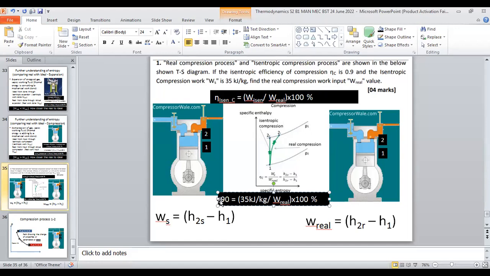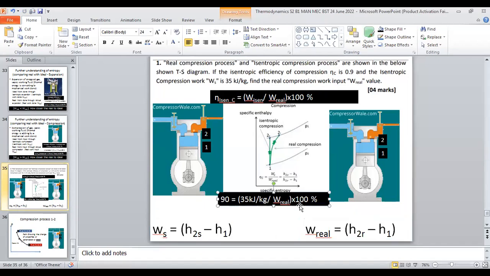Or you can write the same thing: if it is 0.9, then you take this 100% out.